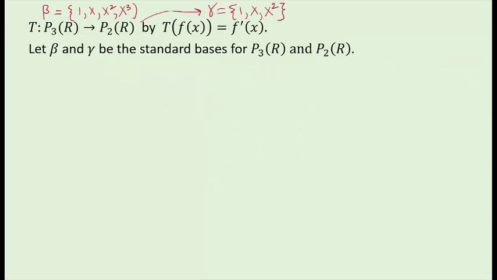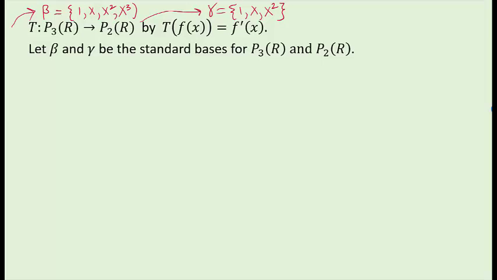Our second example is a linear transformation that maps the vector space of polynomials of degree 3 or less to P2 of R, and it does so by taking the derivative of the function from P3. So, again, same thing. Here's the ordered basis for the domain P3.